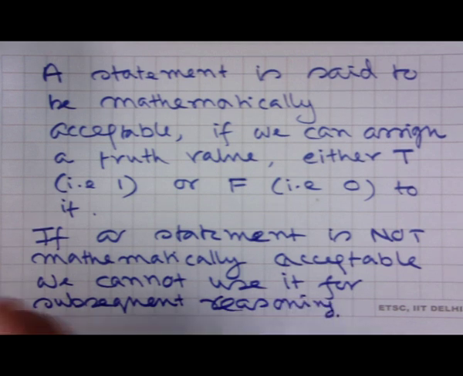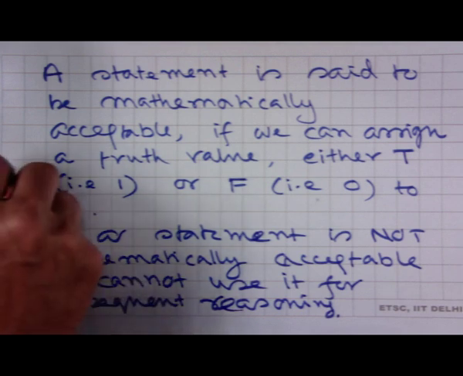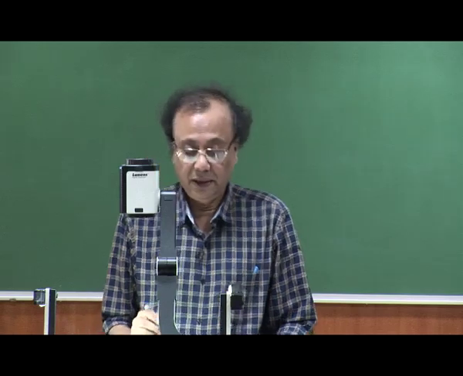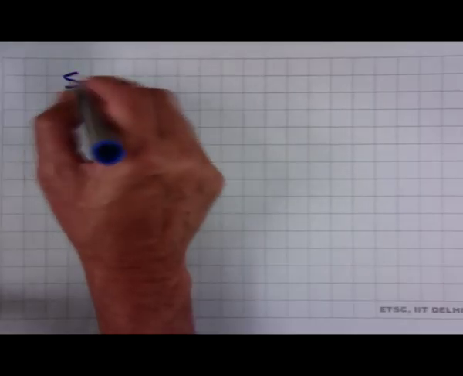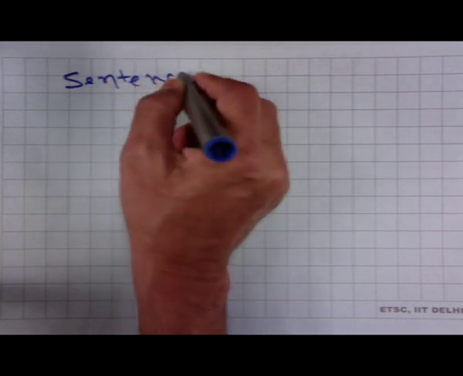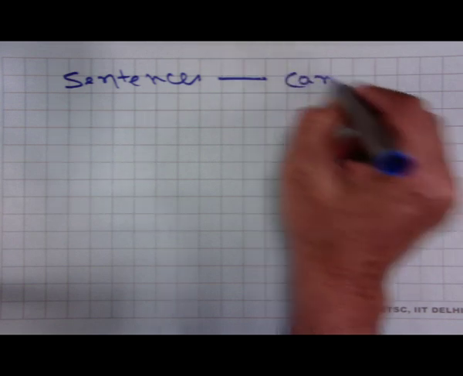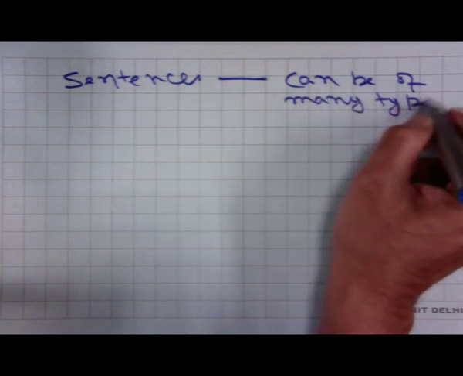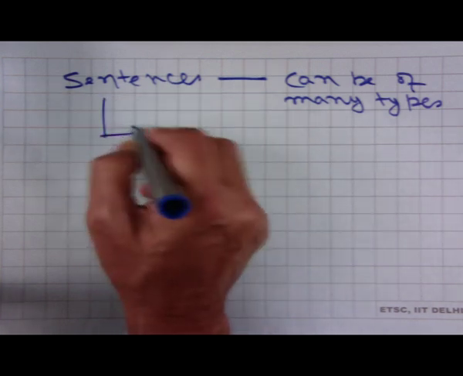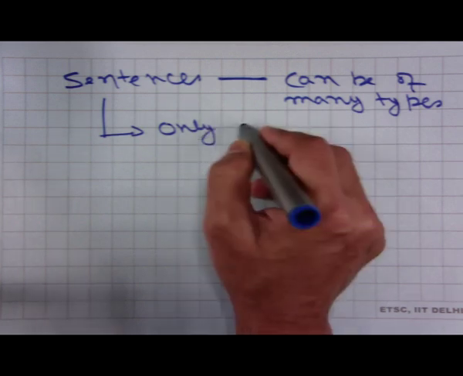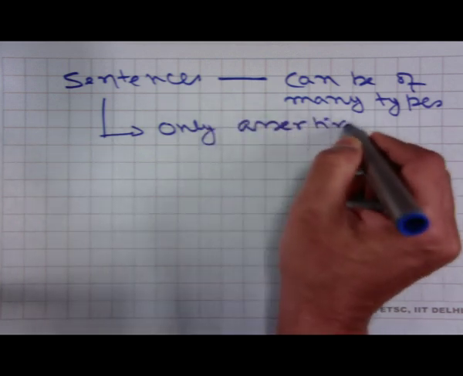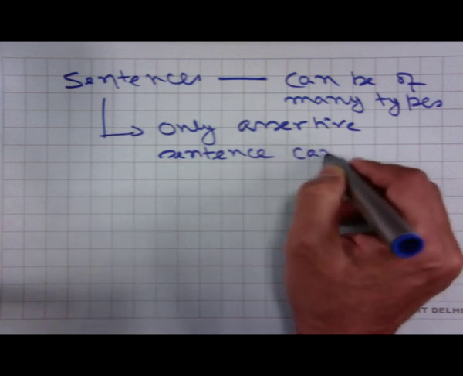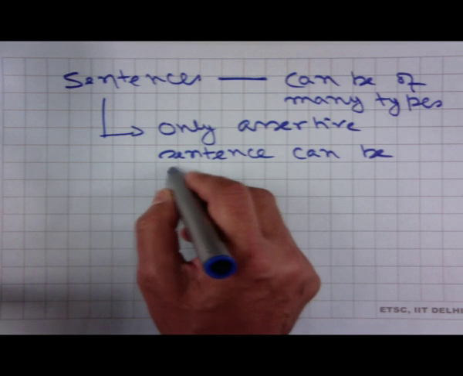So, I hope that I could make the concept clear. There are sentences. Sentences can be of many types. Only assertive sentences can be mathematically acceptable.